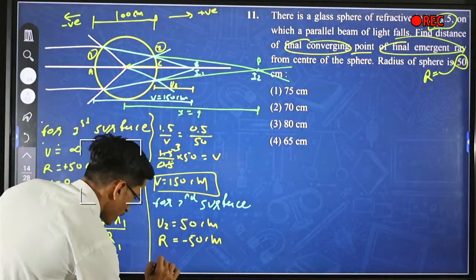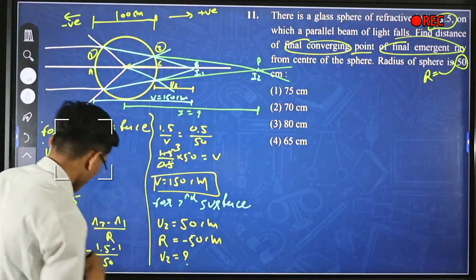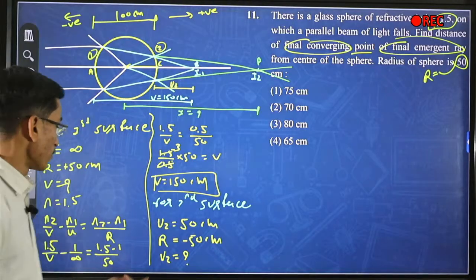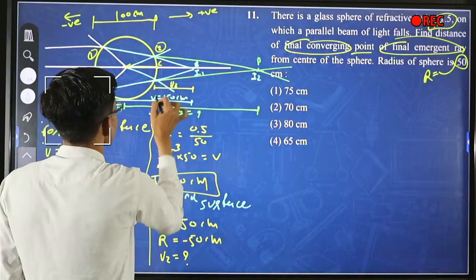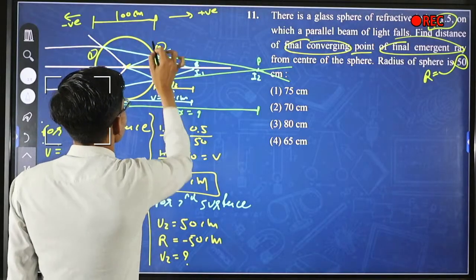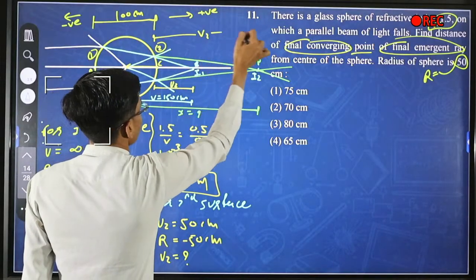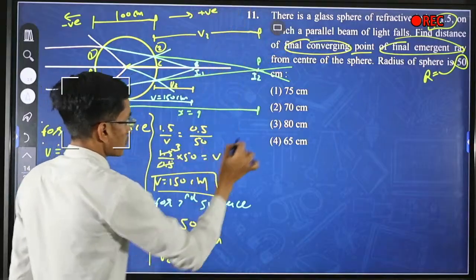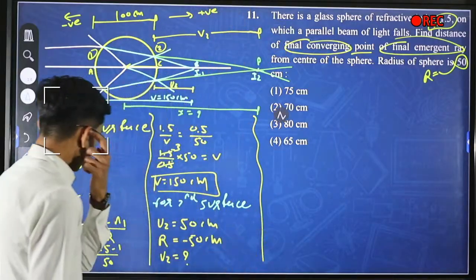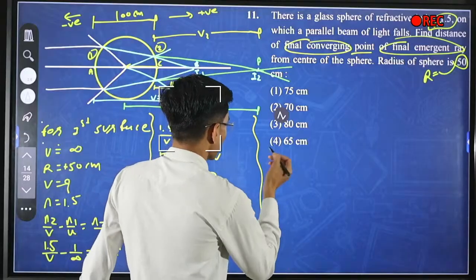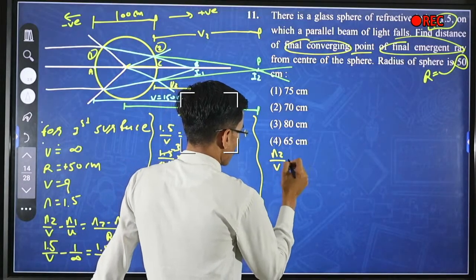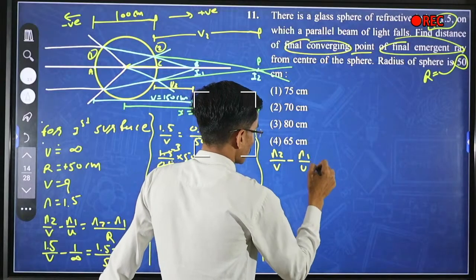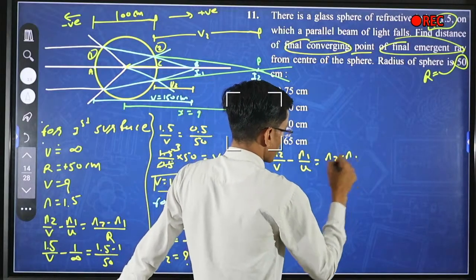From this data, we have to find v2, that is, where the final image will be formed, and v2 is the distance measured from this. Further using the equation n2 by v minus n1 by u is equal to n2 minus n1 upon r.